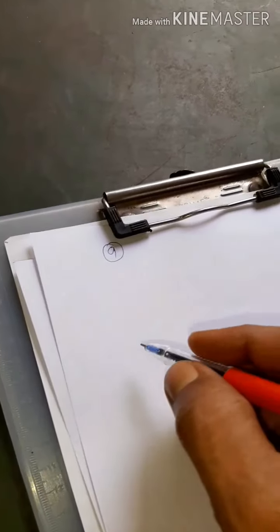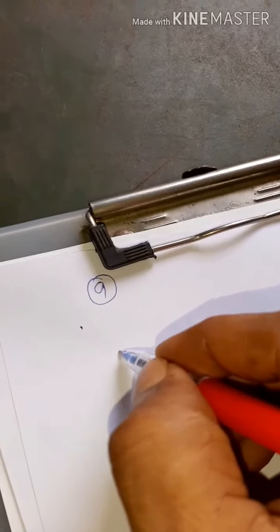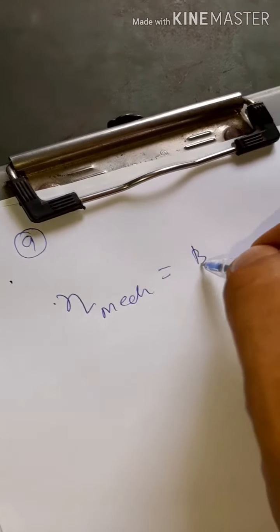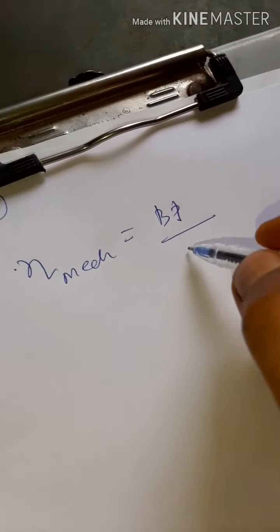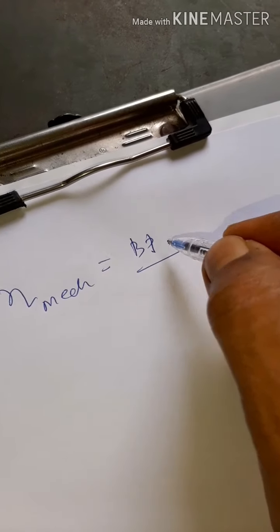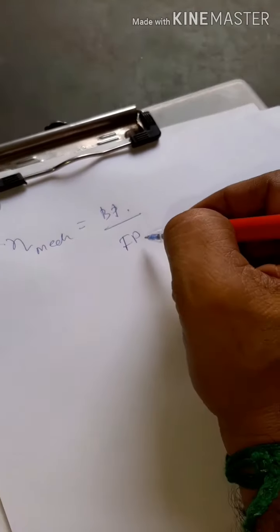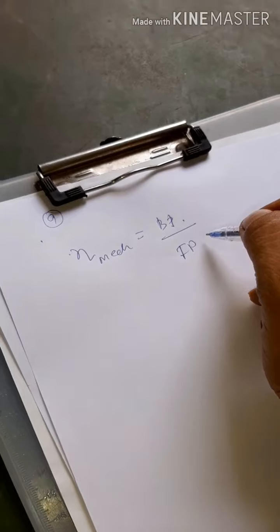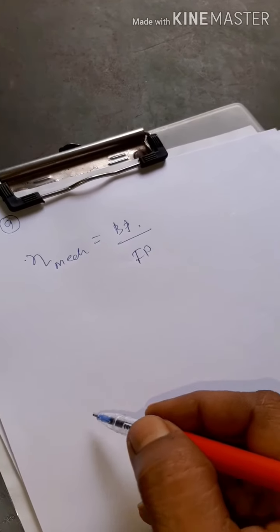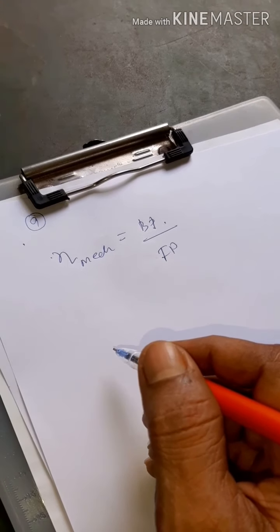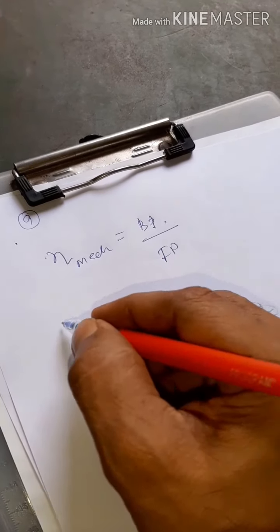Next we go for finding out the mechanical efficiency. Mechanical efficiency, eta mechanical, is equal to brake power divided by indicated power. Brake power and indicated power, both are unknown factors now.